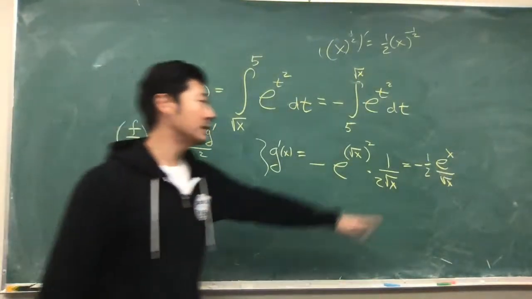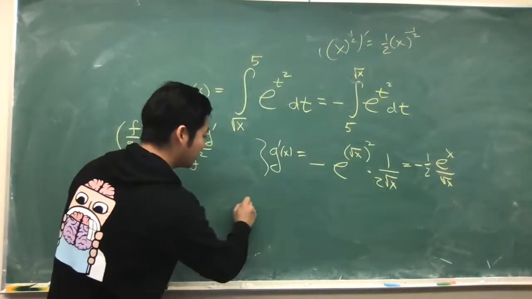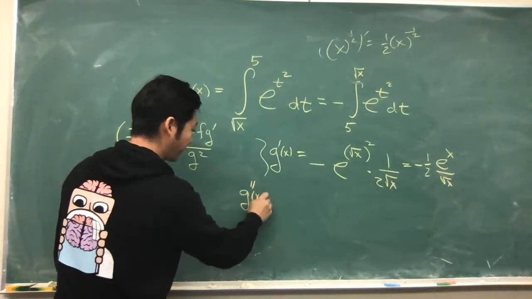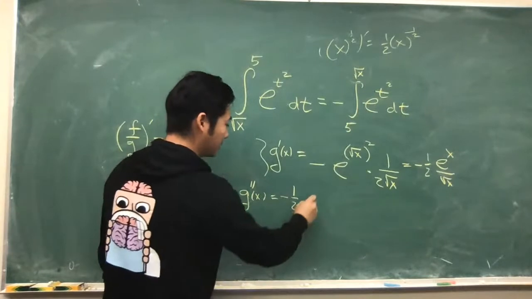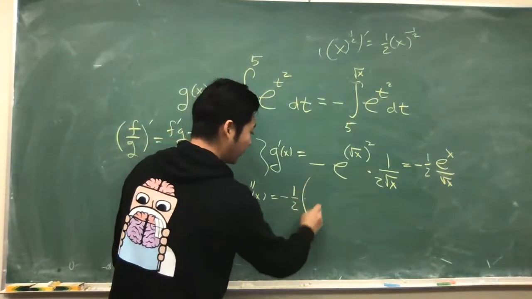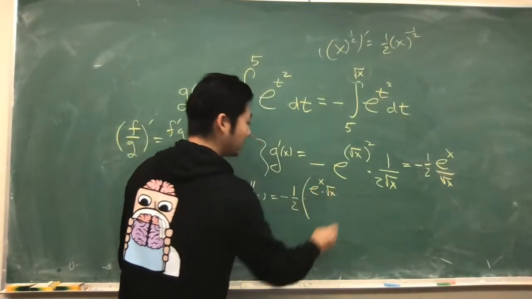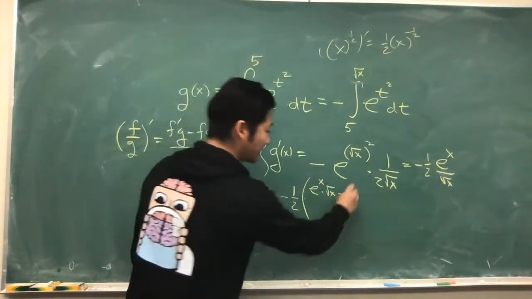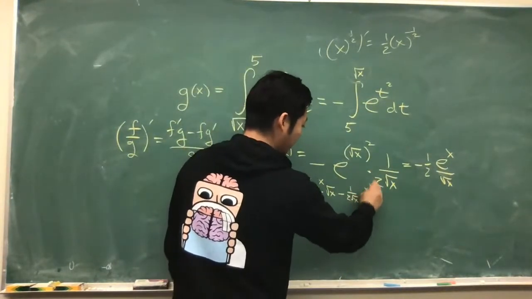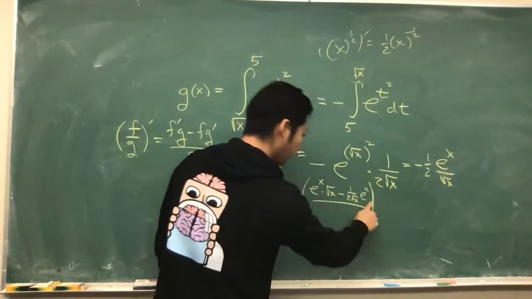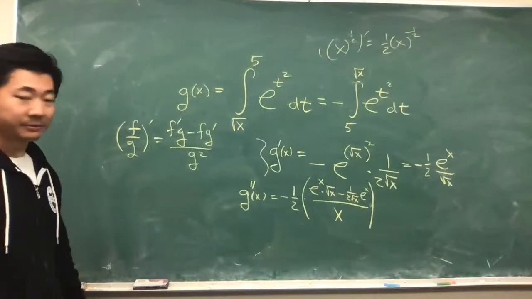And for derivatives, the constants, you can just leave them alone. So g double prime is negative 1/2, and then the derivative of the top is just e to the x times the bottom, which is root x, minus the derivative of root x, which is 1 over 2 root x, and then e to the x, divided by the square of square root, which is just x.